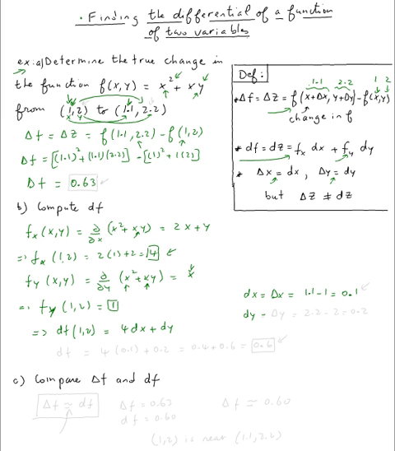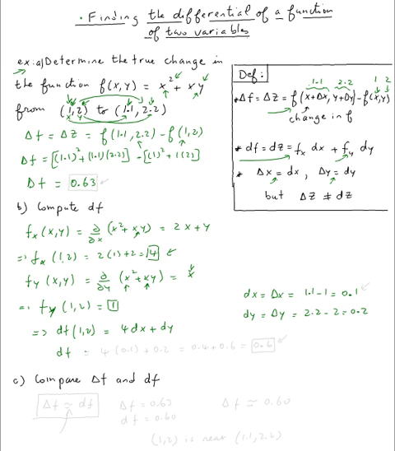Now what would dy be? dy is the same thing as delta y. So it will be y2, 2.2, minus y1, 2. So 2.2 minus 2, which is 0.2. So now we can even calculate df from the point (1, 2) to the close point (1.1, 2.2).